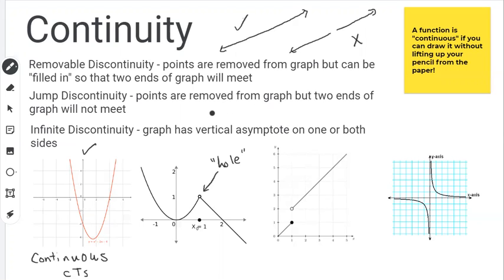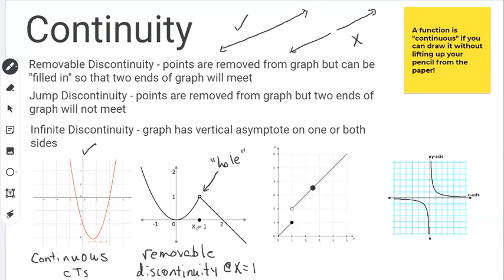So because the two ends of the graph meet, this is called removable. So we say that this function has a removable discontinuity at x equals 1.